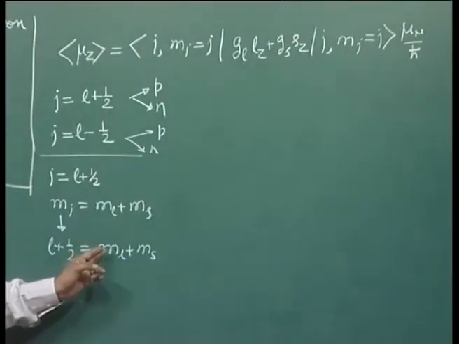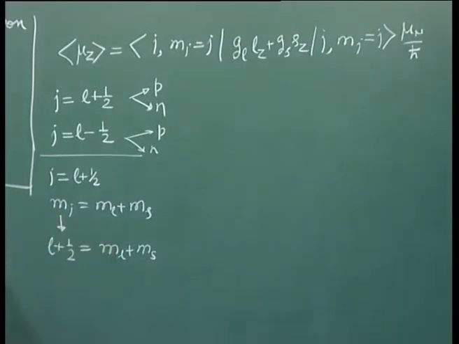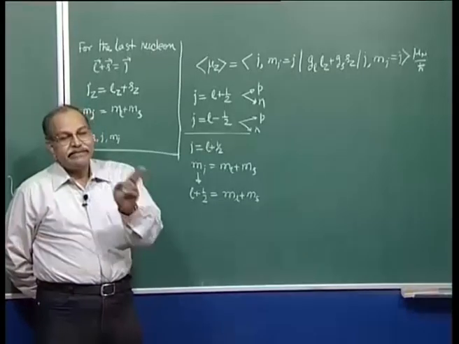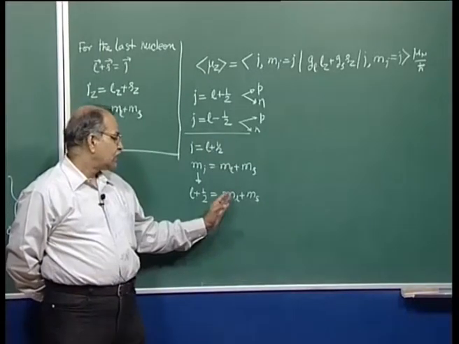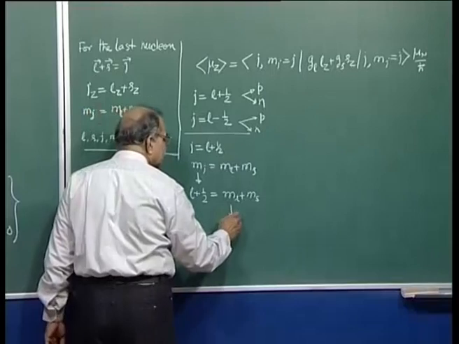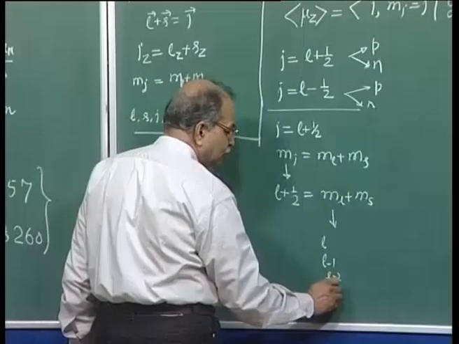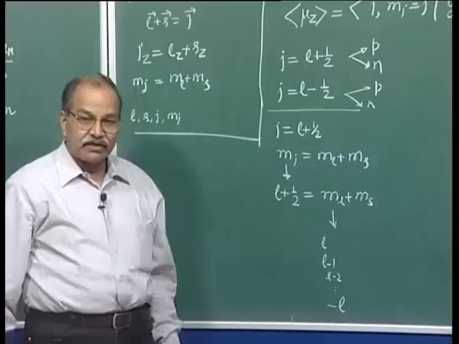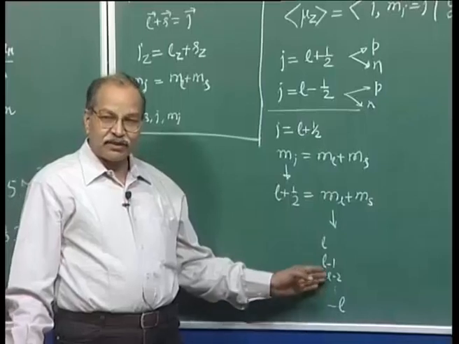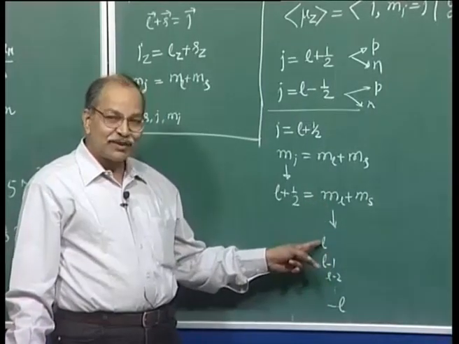Now, the possible values of Ml are L to minus L in steps of 1. So, it can take values L, L minus 1, L minus 2, etc., and up to minus L. You may not have L minus 1, L minus 2; suppose it is a P state we are talking of, L is equal to 1.